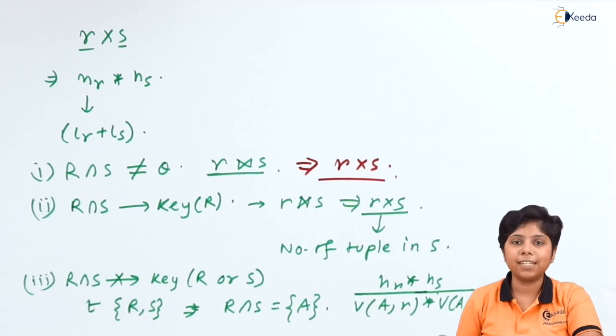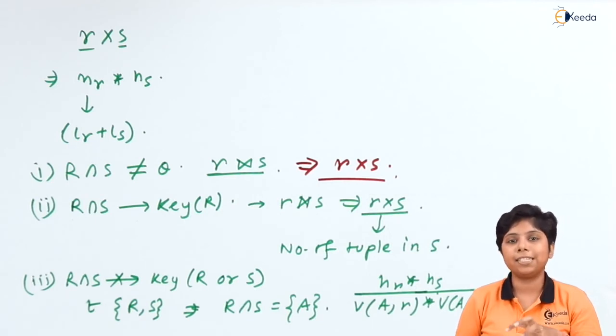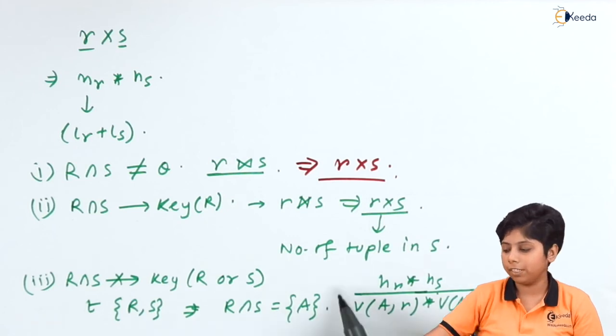If it is in S, then we have NR by V(A,S).